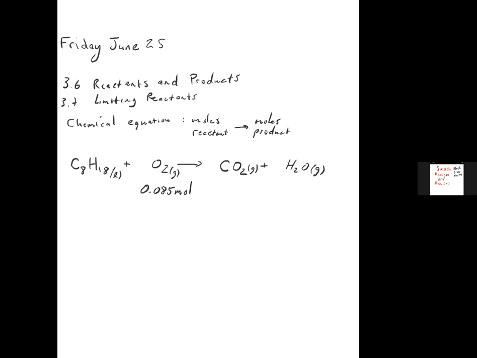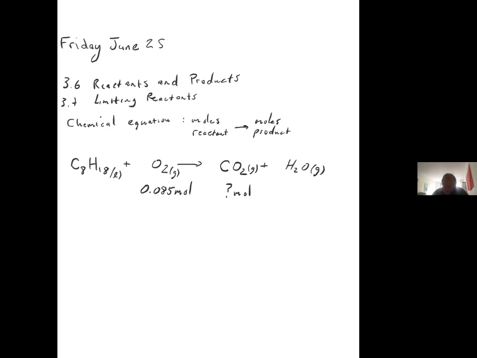They then say, calculate the moles of carbon dioxide that will be produced. So how many moles? Remember, the abbreviation for moles is mol. We just covered that on Wednesday. So how many moles of CO2 are there?